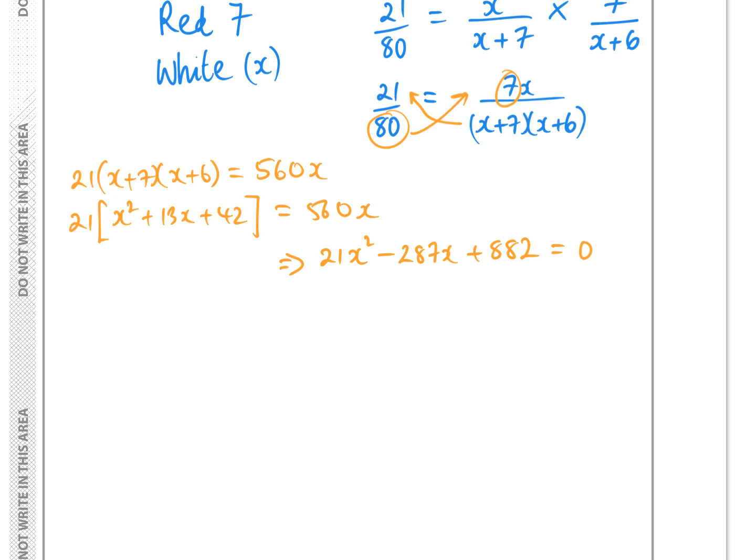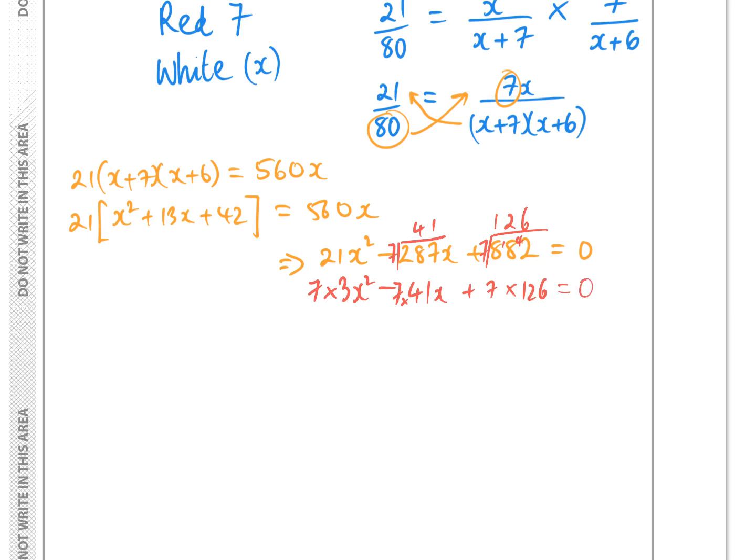So 7's into 21, that's 7 times 3x squared. If you do a little division sum here, you'll get 41. And if you do the same thing here, 7 into 8 is 1 remainder 1, 2 remainder 4, that's 6. So 7 times 126.